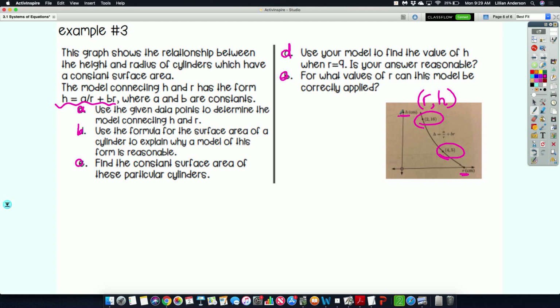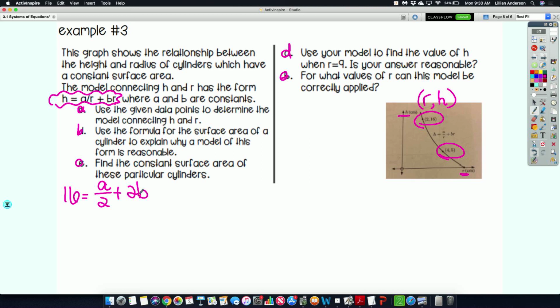So, if I were to create my equations so that I can get my model, how would I set it up? 16 equals A divided by 2 plus 2B. Yeah, that's one of my equations.